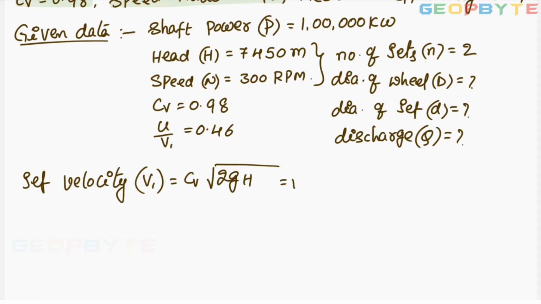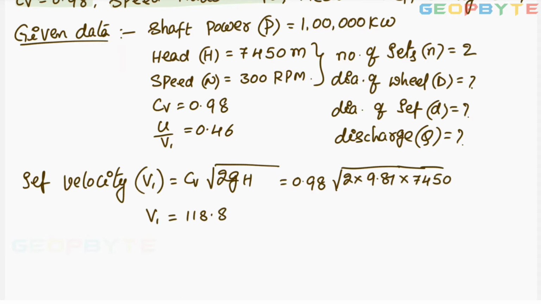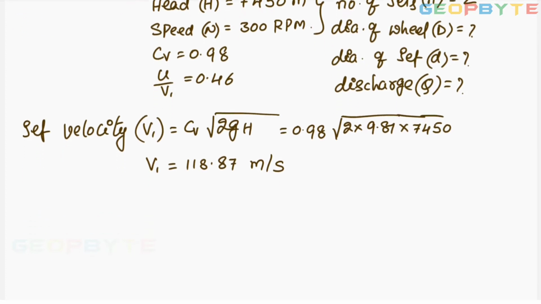Cv given 0.98, into root over 2 into g, 9.81, into H, 7450. Simplify this value for getting V1 equal to 118.87 meters per second. That is the jet velocity.